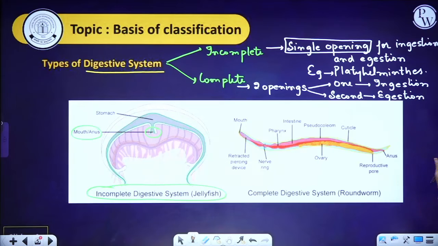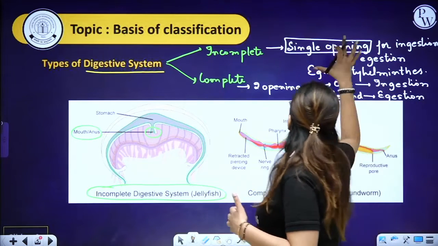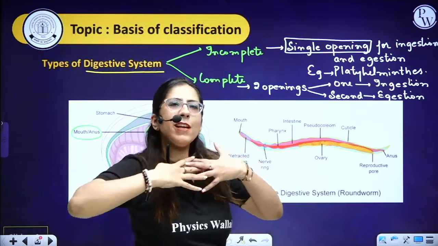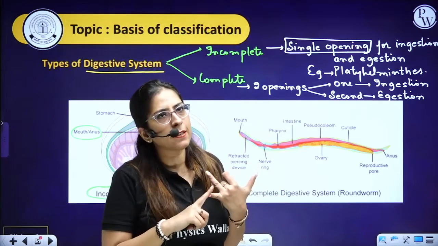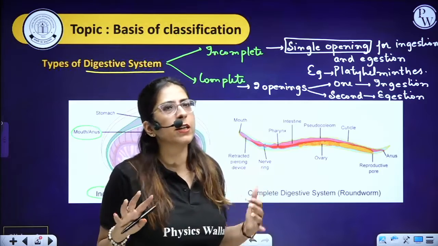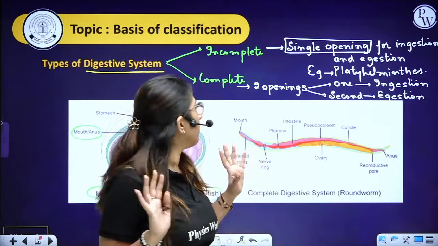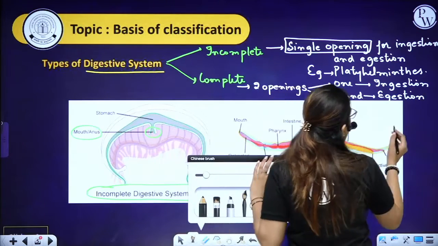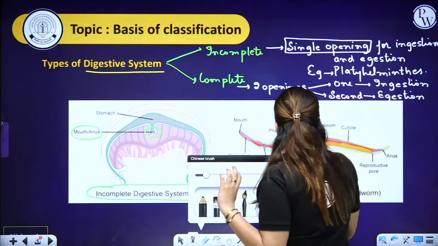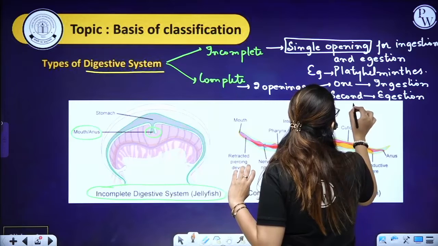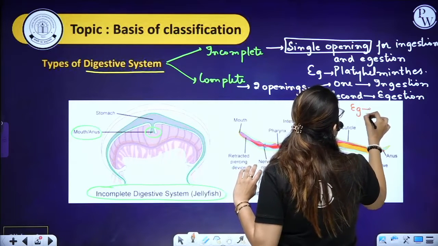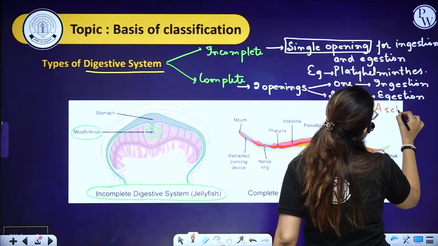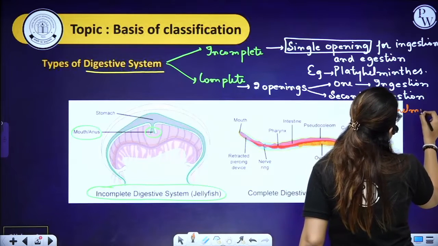Clear buddies, right? So in Platyhelminthes only a single opening is present, whereas the rest of the groups of organisms, like Aschelminthes and all the chordates, have a complete digestive system. So for this, I am writing the examples. Here, buddies, we have Aschelminthes, these are the roundworms.